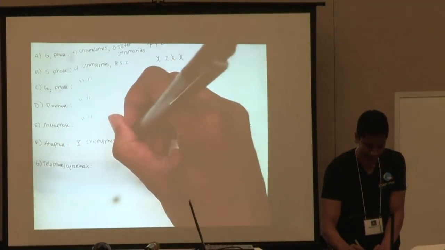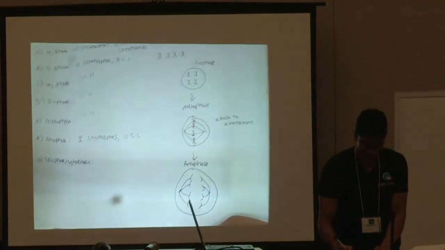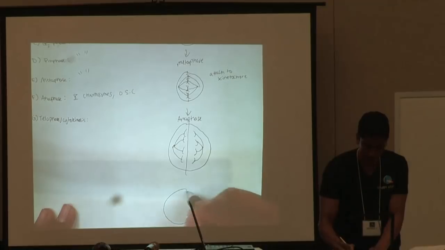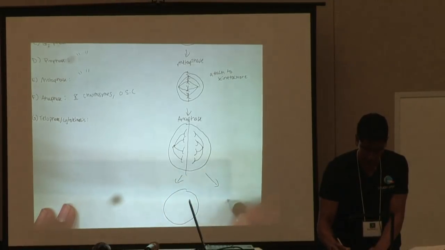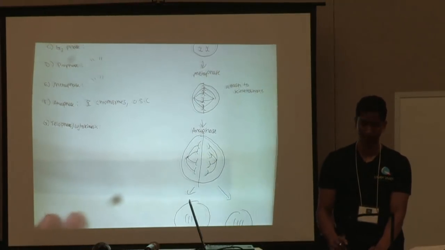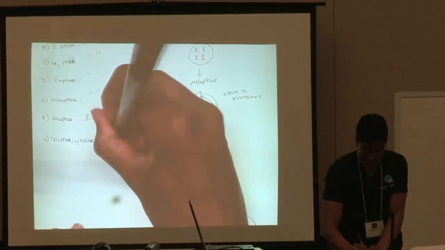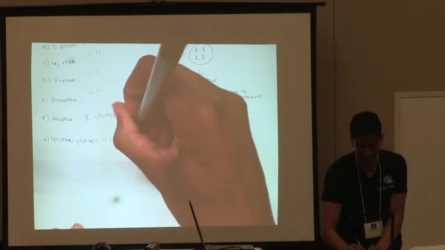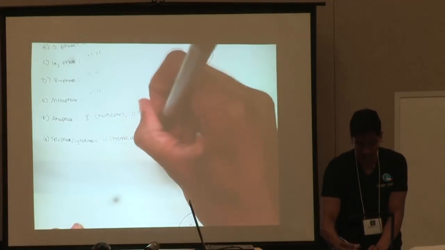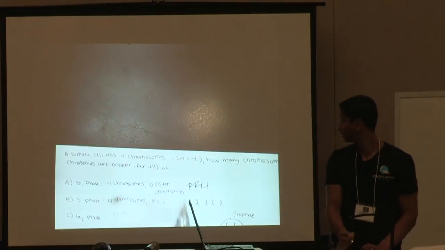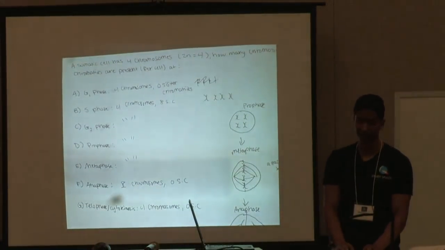Good. And then telophase and cytokinesis is basically this like splitting in half. So how many chromosomes per cell? Sister chromatids? None. So as you can see, we started with 4 chromosomes, 0 sister chromatids, and we ended with the same thing.